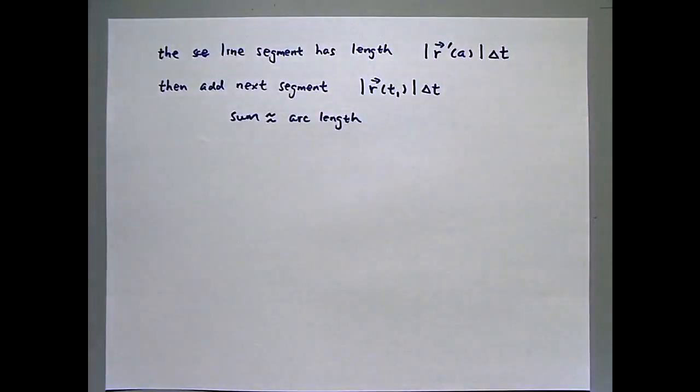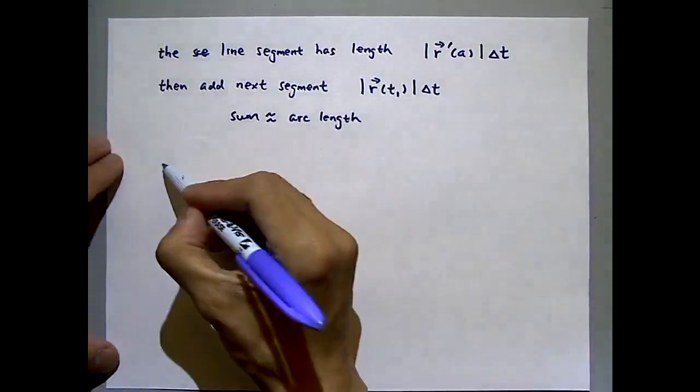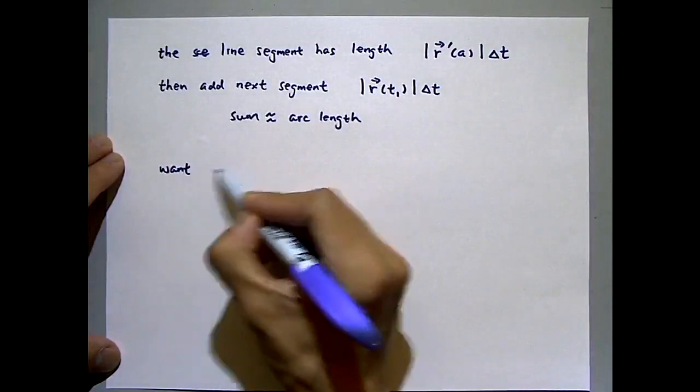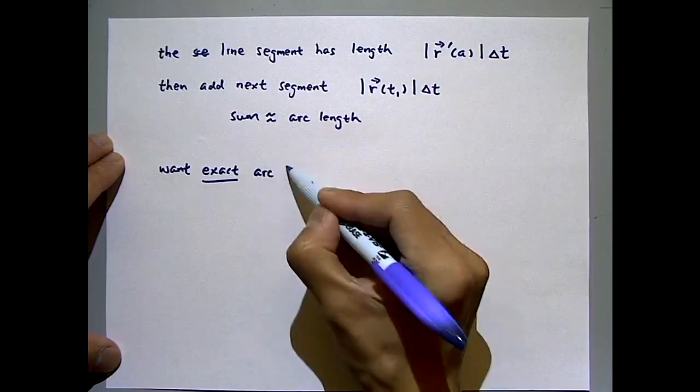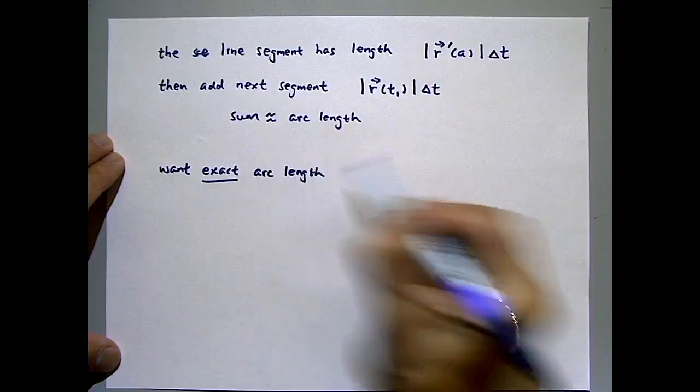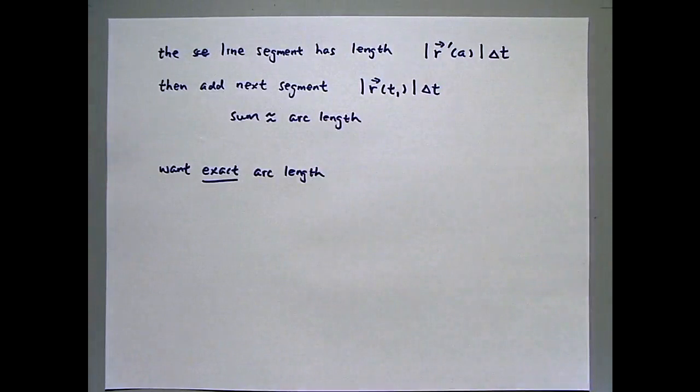Okay, of course, we're not going to be happy with the approximation no matter how good it is. We want the exact length. And you've taken calculus for many years now, so what do you think we can do to make that happen?